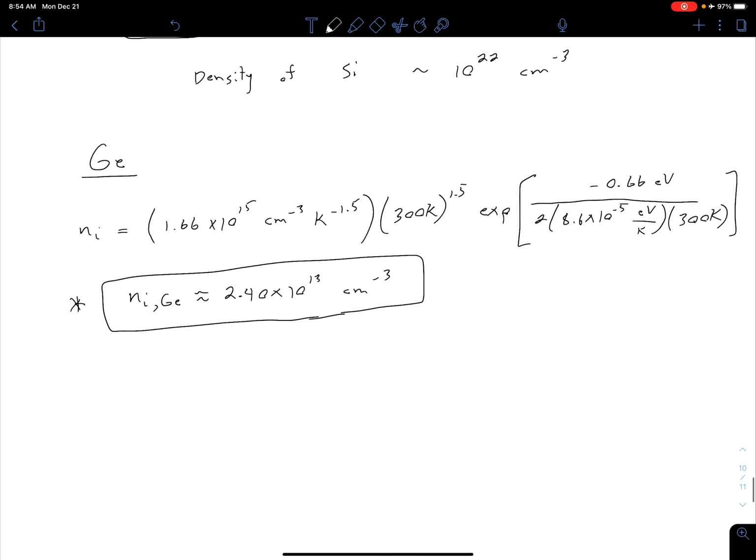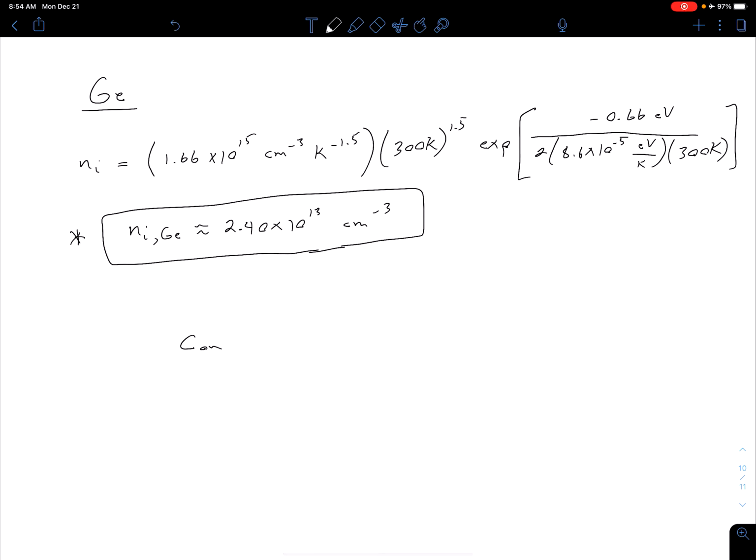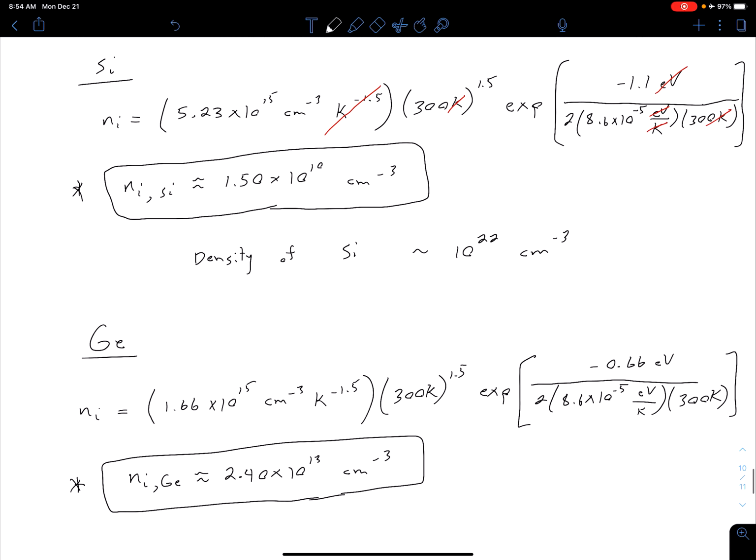So what we can do is consider the band gap energy Eg of our two materials, which are 1.1 and 0.66. Does it make sense that we have a higher free electron and free hole concentration for germanium? And of course the answer is yes, it should make sense.